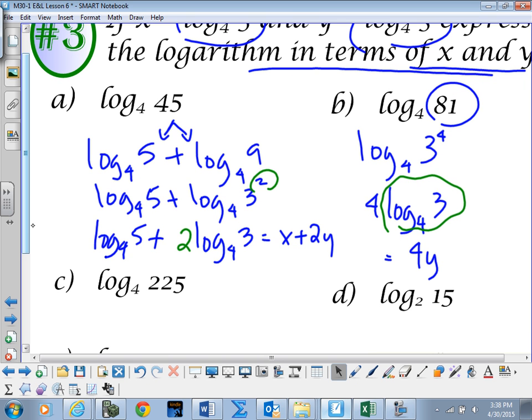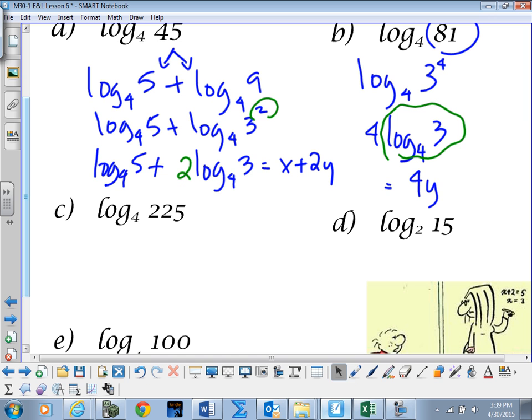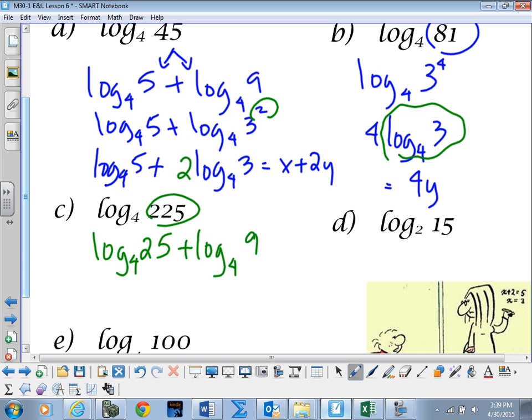What about 225? What are the factors that we can break 225 up into? 225 goes into 25 9 times. So we have a power of 3 and a power of 5. Let's do that and break log base 4 of 225 up into log base 4 of 25 plus log base 4 of 9. 225 is equal to 25 times 9, so we can break it up.